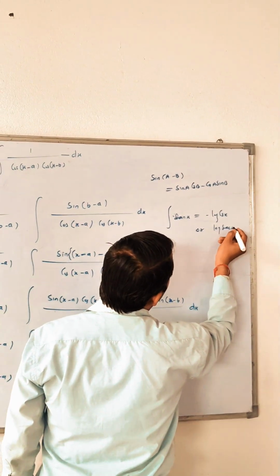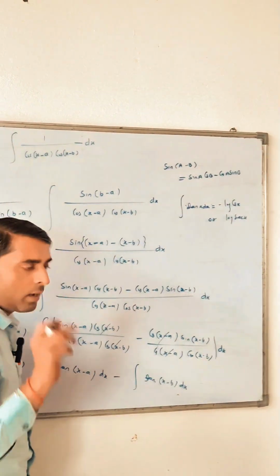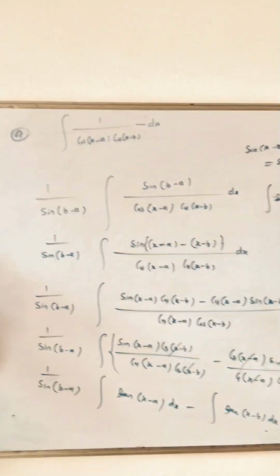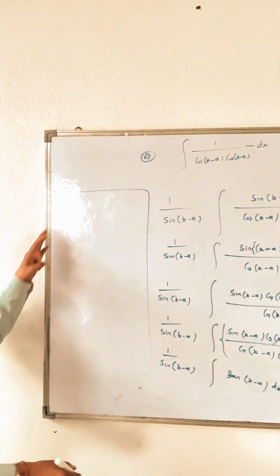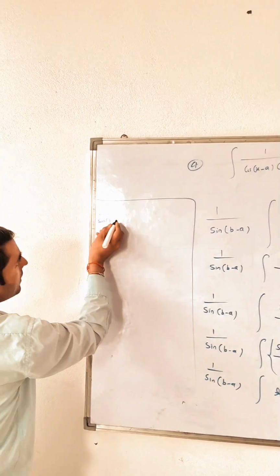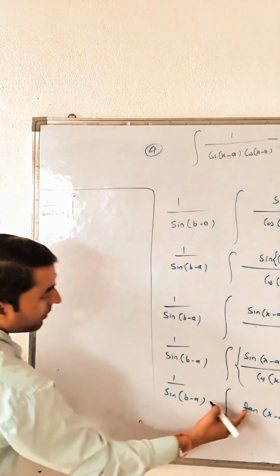Attention here, integration of tan x is equal to, there are two formulas, minus log cos x or log sec x. There are two formulas for integration of tan x dx. Okay, there are two formulas. Now we use any one of the formulas in this.